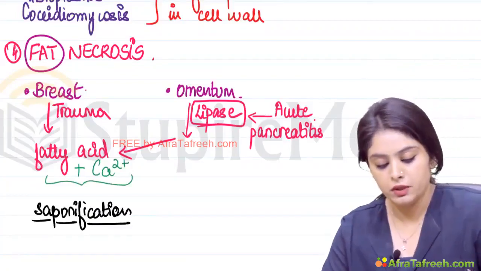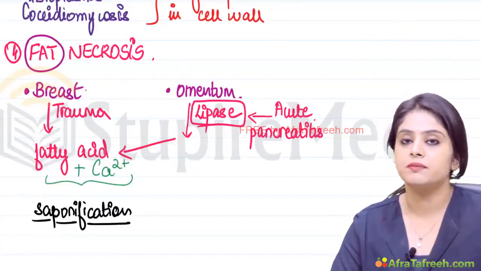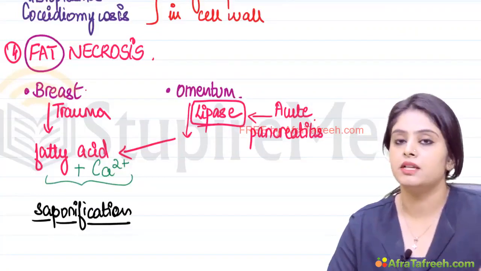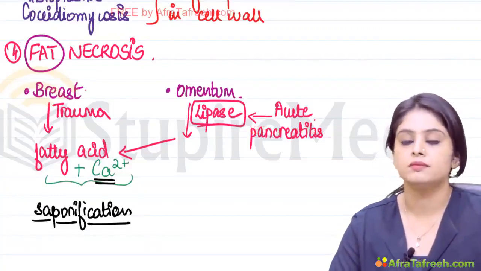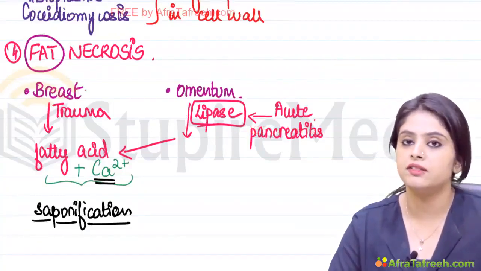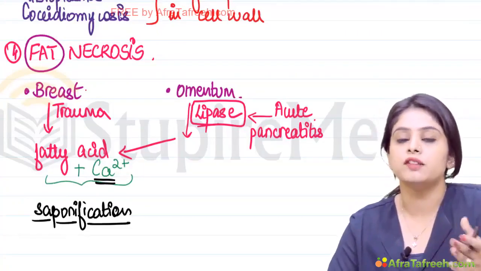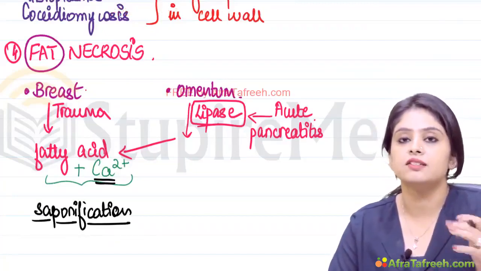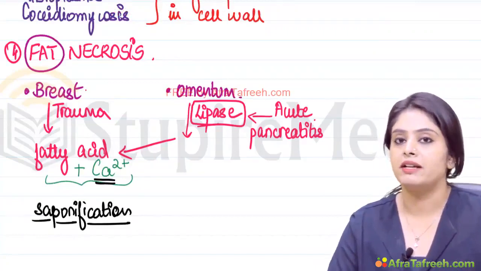Now students, what you need to understand over here, acute pancreatitis releases lipase. That is going to result in breakage into fatty acid. Fatty acid will combine with calcium. That is what we have studied in fat necrosis up till now. Now when you try to correlate this concept with something that we study in medicine and surgery, how will you prognosticate a patient of acute pancreatitis?